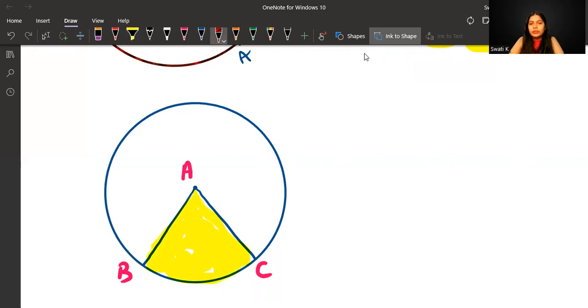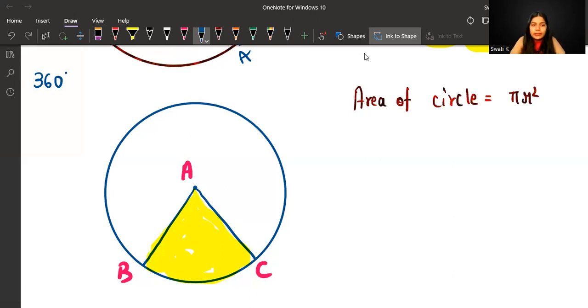Again, we know that the area of a circle formula is pi r square, right? But is this sector the complete area of the circle? No, it's just a part of the area of the circle, right? So it can't be pi r square. But we can clearly write down that if I take 360 degree, that means if I take the complete round, I'm getting the complete area, that means pi r square.